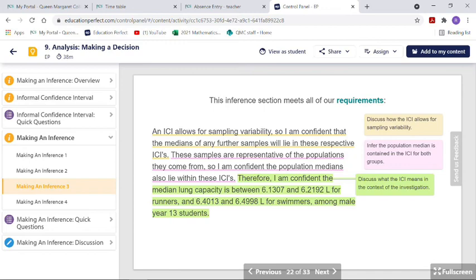The numbers and the context, that's your merit or excellence, depending on, are your numbers correct? And how well you describe the populations you're measuring, right? If you say just for runners and for swimmers, but then you forget the male year 13 students, then you could still get a merit, but you're not going to get an excellence, right?